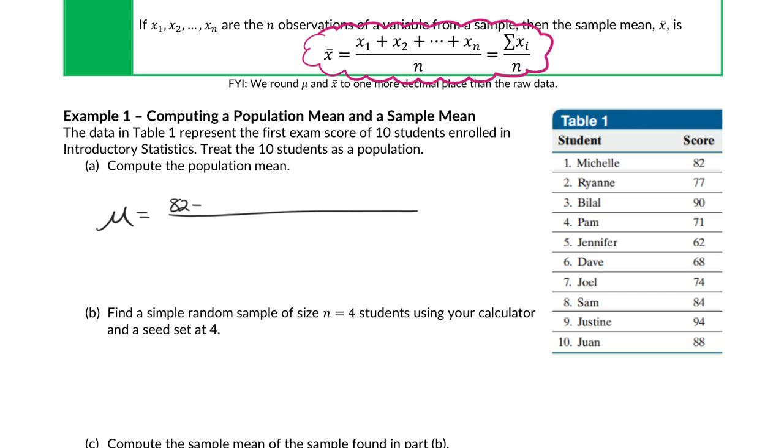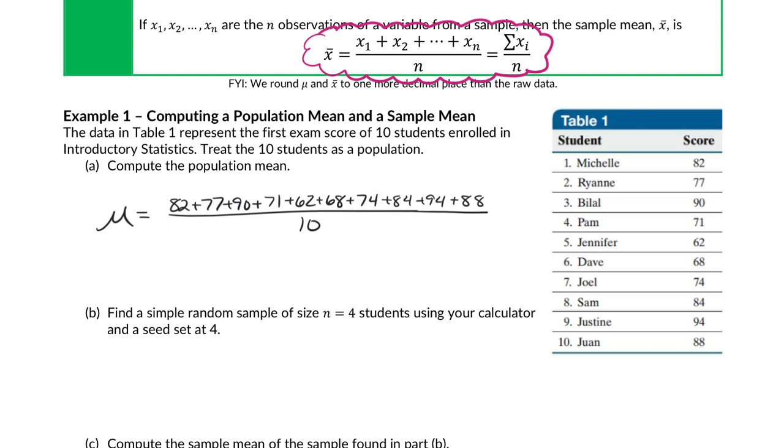So we're going to do 82 plus 77 plus 90 plus 71 plus 62 plus 68 plus 74 plus 84 plus 94 plus 88. So we add all of those together. And we're going to divide by the population total. And so the number of people in this course, based on Table 1, is 10 people.